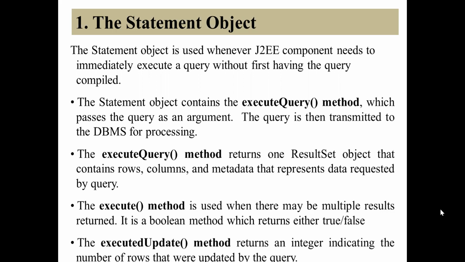Suppose I have to insert into a table using a variable, so the row count automatically increases, and the query is updated by using the executeUpdate method. This is done by using the statement object.